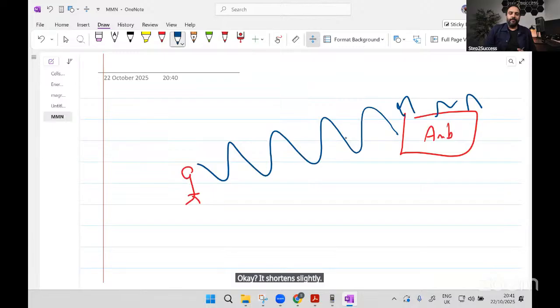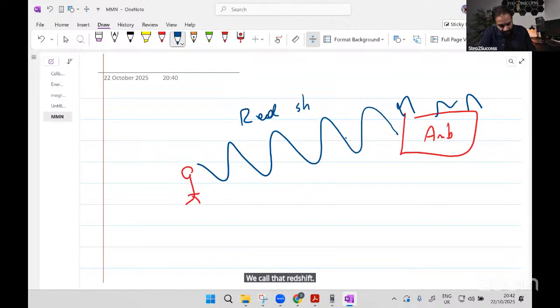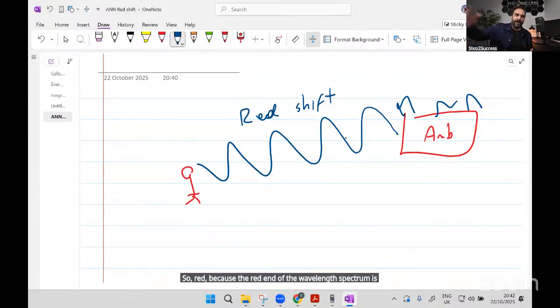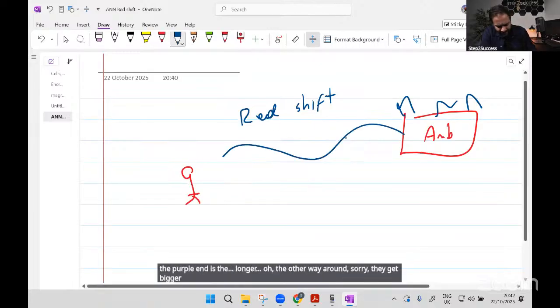And so any object that's moving away from us, the waves coming from it are shifted slightly. They actually shorten. We call that redshift. Okay. So red because the red end of the wavelength spectrum is the shorter end and the purple end is the longer. Oh, the other way around. Sorry, they get bigger. Sorry, so they get slightly bigger.